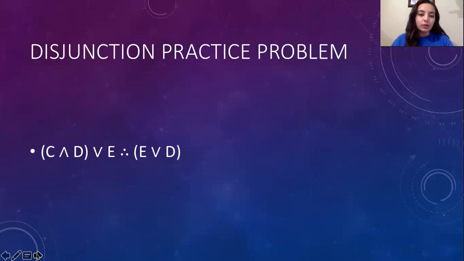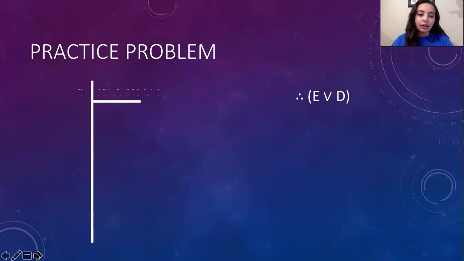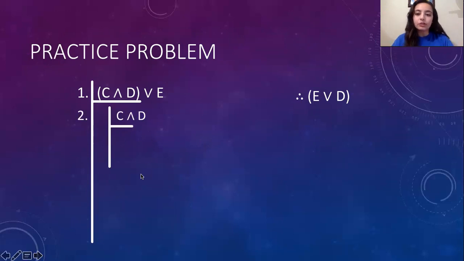So we've got our C and D, or E. That's like A or B, and we're trying to get to C, for example, which is our E or D. So our first half of this is going to be breaking apart our A section, which in this case is C and D, into a subproof.